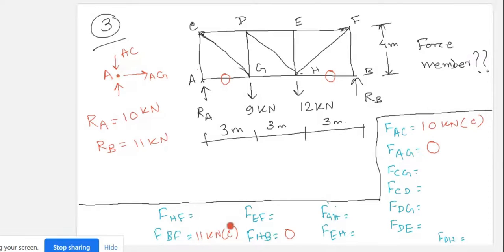Sir, FCG is 12.5 tensile. FCG 12.5 tensile. Yes, sir. Good. Sir, and FCD is 7.5 compressive. Okay. Nice.